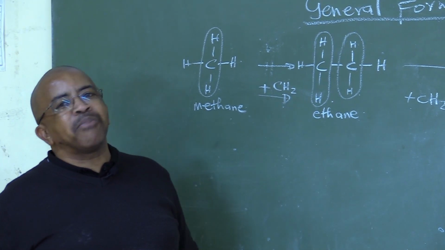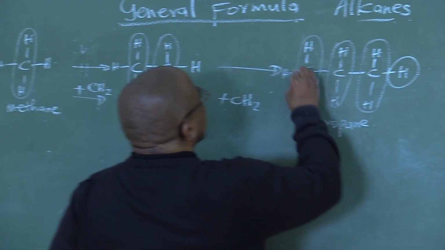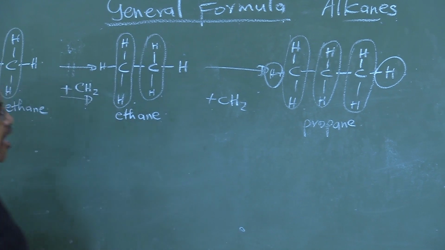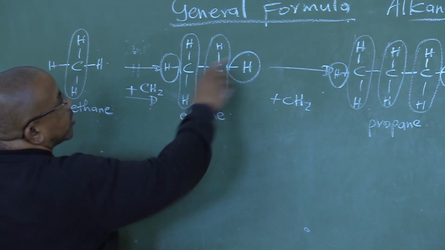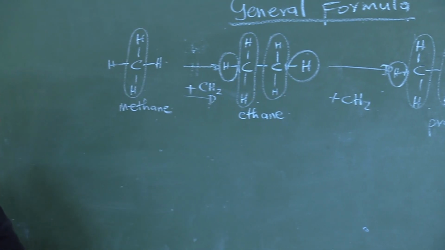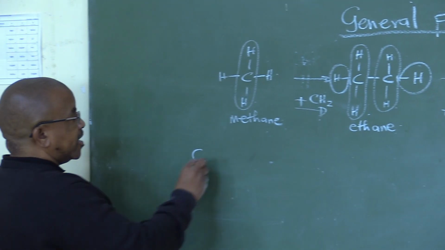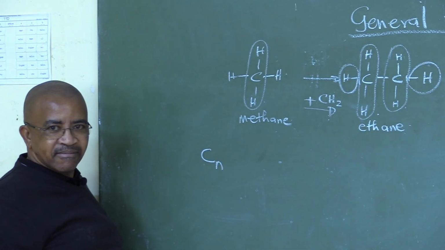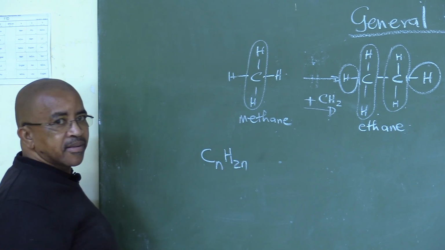Mara uma ubheka la, there is always these hydrogens that are emaceleni. They are always there, these hydrogens. We are talking of general formula of alkanes. So if carbon ihamba no hydrogen ababili, if carbon is N, then hydrogen will be 2N.